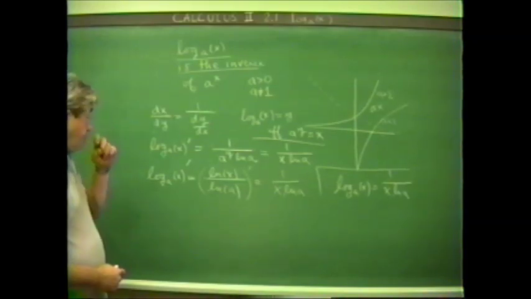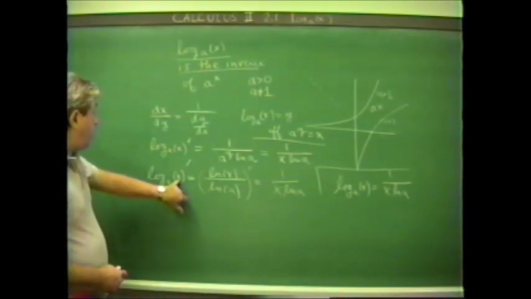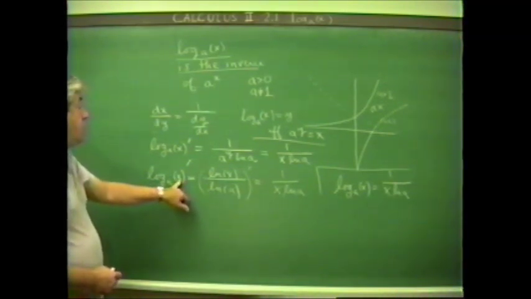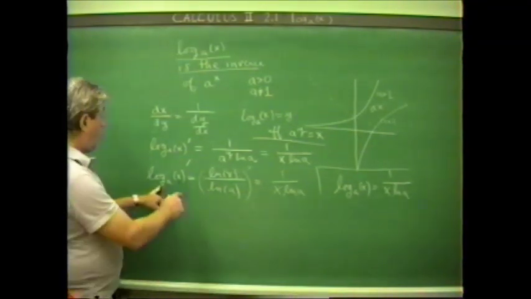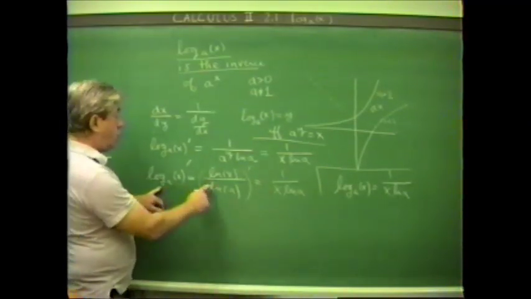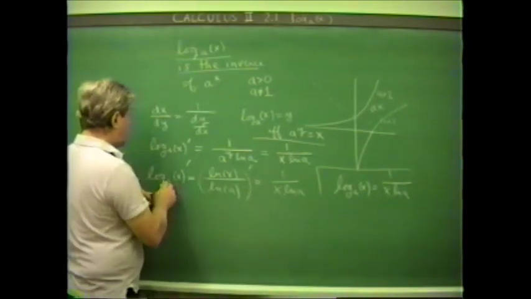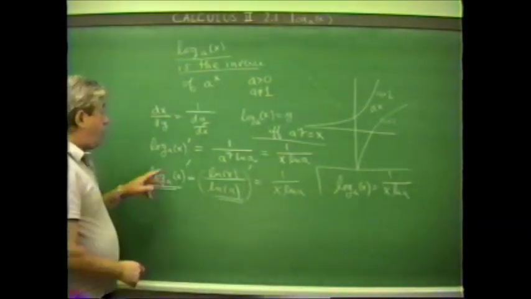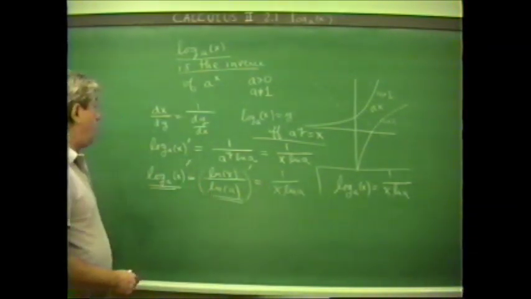Also, it agrees with log to the base a of x at, let's say, 1: log to the base a of 1 is 0, and this is 0 over log a. So these two functions have the same derivative, and they agree at a point. Consequently, they must be the same function.